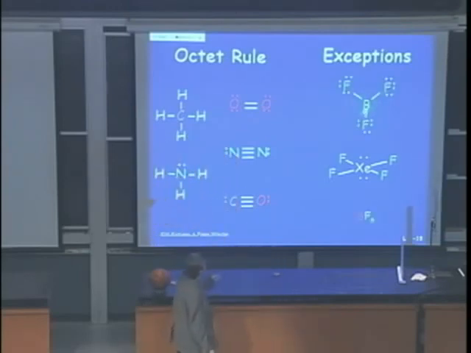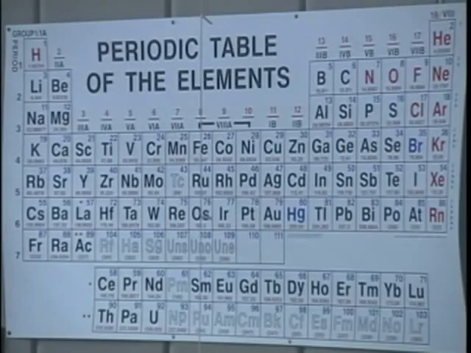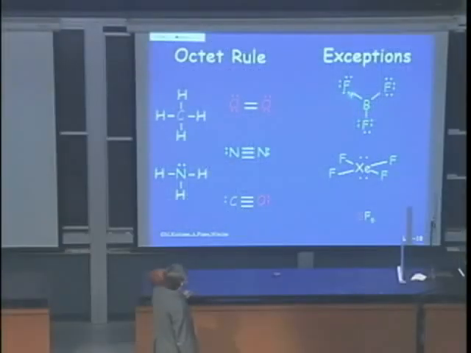If you have boron trifluoride, boron has how many? 1, 2, 3. Okay. But fluorine has how many? 2, 4, 6, 7. I bind it. I have the octet rule fulfilled for this, for this, for this, but not for this.